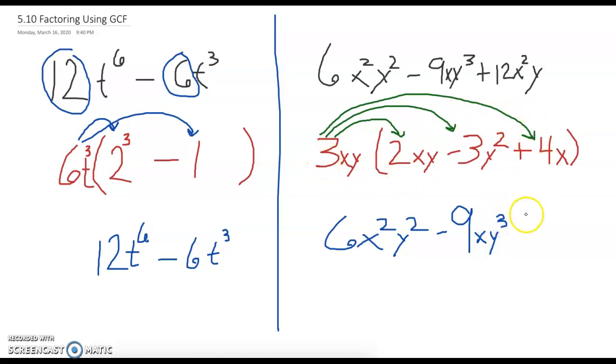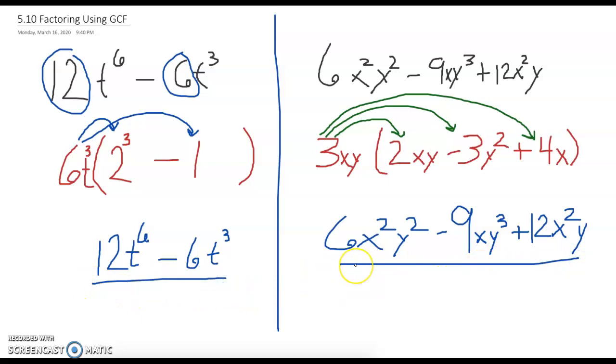And 3 times positive 4 will equal 12. x times x will give you x squared, and you have the y, so you're going to bring the y with you. This is what you do for this section.